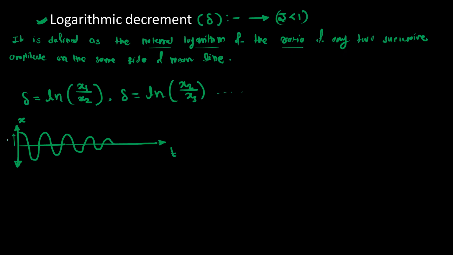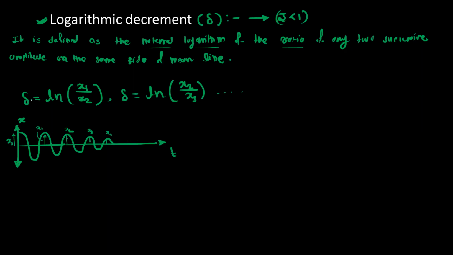Suppose this value is the initial value, so we will take this as x0. This is the amplitude after one cycle, so this is the x1 value. After two cycles, this is x2. This is x3, x4, and so on.